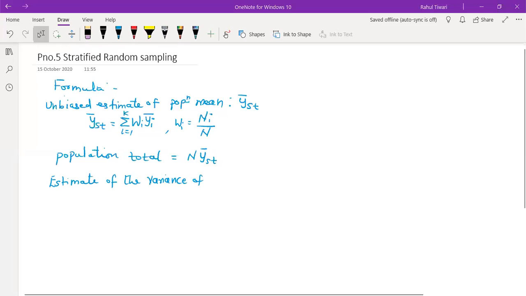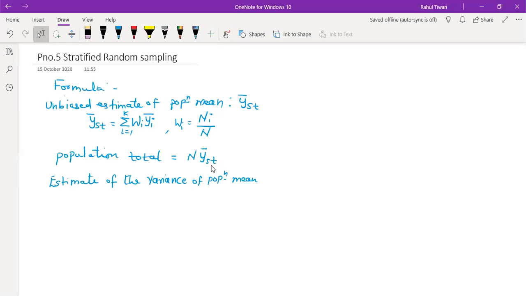I can say estimate of standard error or find standard error. Estimate of the variance of the population.